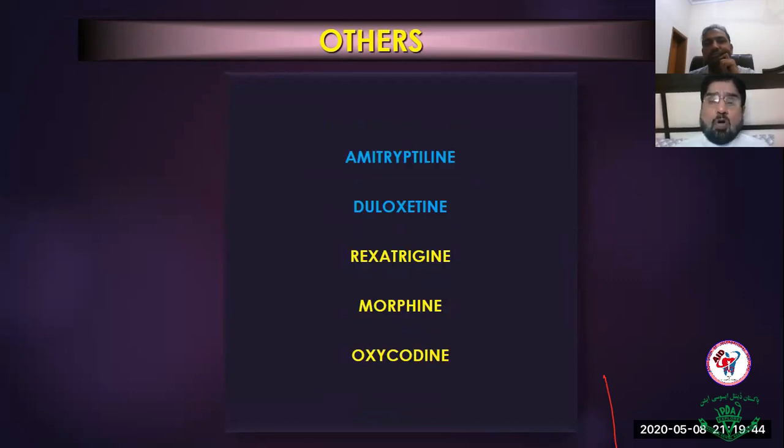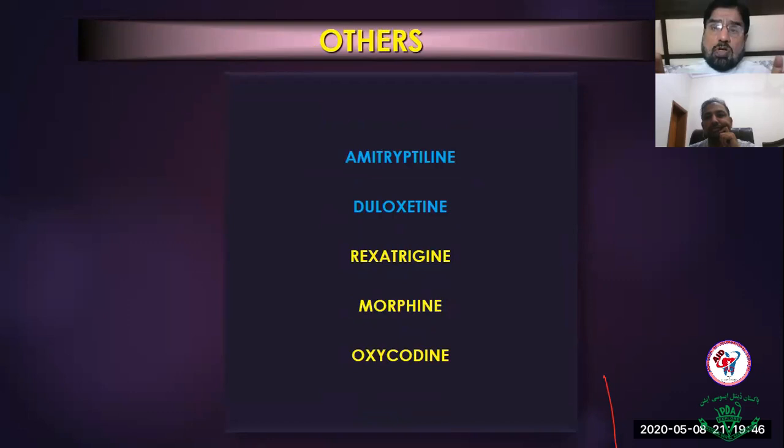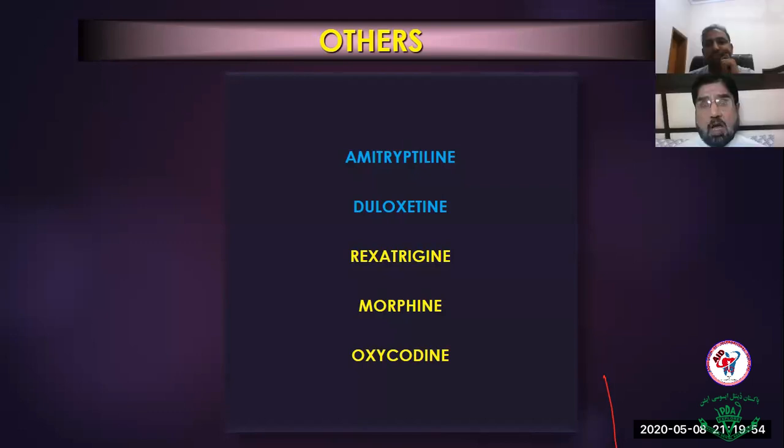So there are approximately 26, 27 drugs in the market which are being used for the treatment of trigeminal neuralgia. And these medicines are being practiced by the neurosurgeon, general physician, maxillofacial surgeon and dental surgeon, alone or in combination. And sometimes there is no guideline.